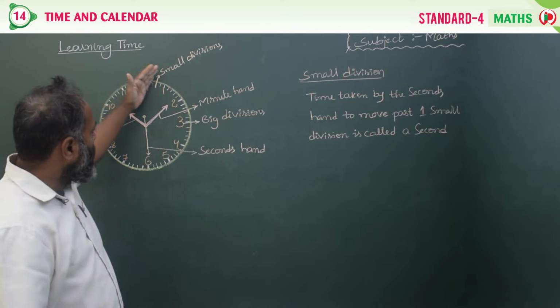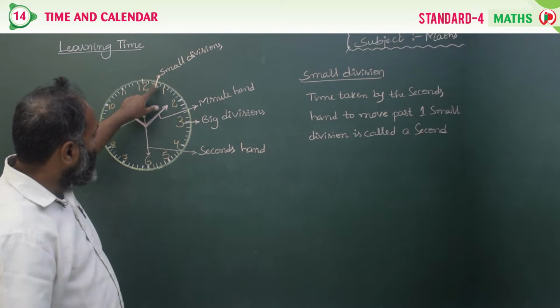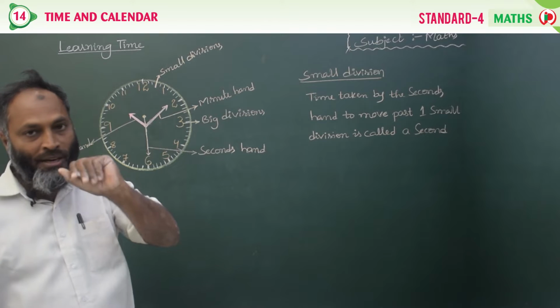In total, how many small divisions do we have in this clock? See here, in between each and every consecutive number we have 5 small divisions.